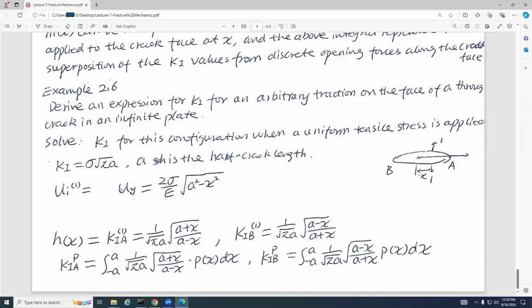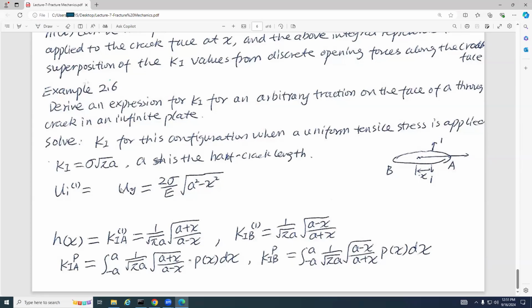Don't be confused. As I said, because I'm using the center of the crack as origin. But in the textbook, Dr. Anderson used the left tip as an origin. That's the reason mathematically Uy is different. Physically they are the same, but mathematically they are different.